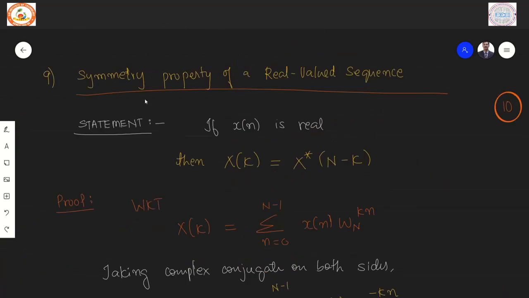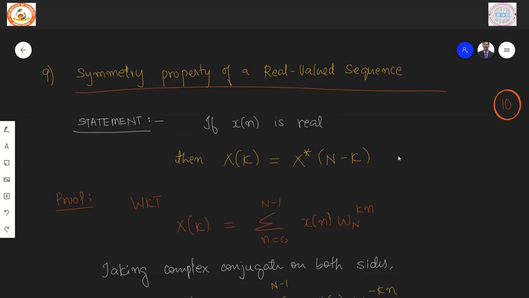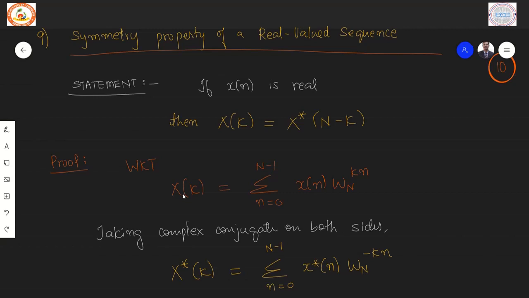Property number 9 is called the symmetry property of real valued sequence. Here the input x of n is considered to be real. For real inputs, the DFT exhibits a symmetry, that is, x of k will be equal to x conjugate of n minus k. So this is what we need to prove. Let us start with the definition of DFT.